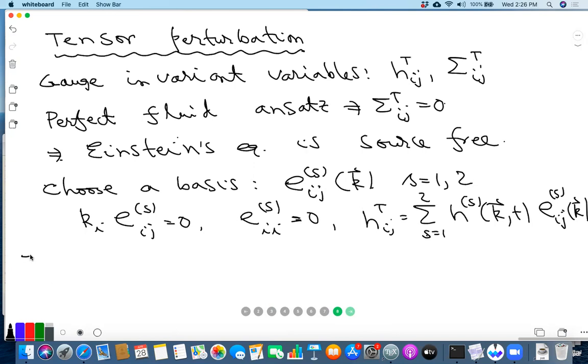And now, again, I'll leave it as an exercise, that Einstein's equation K_ij equal to 0, or the traceless transverse part of K equal to 0, gives, once you substitute, you can equate the coefficient of each e_s to 0 because they are independent basis vectors.